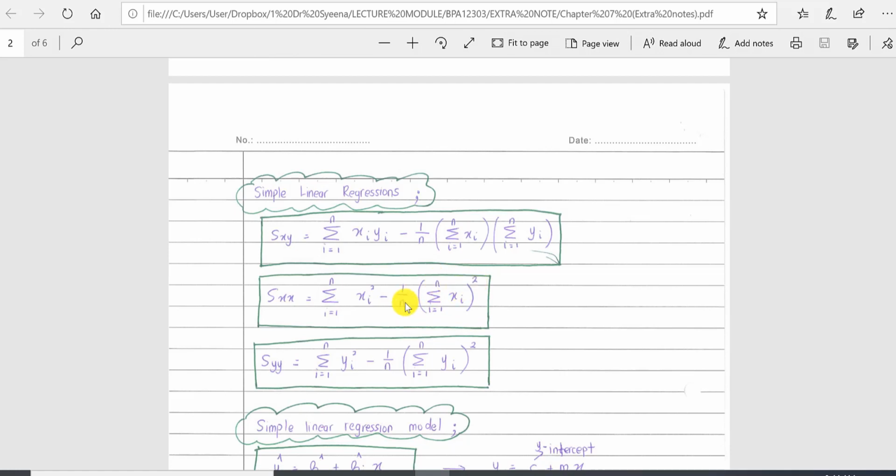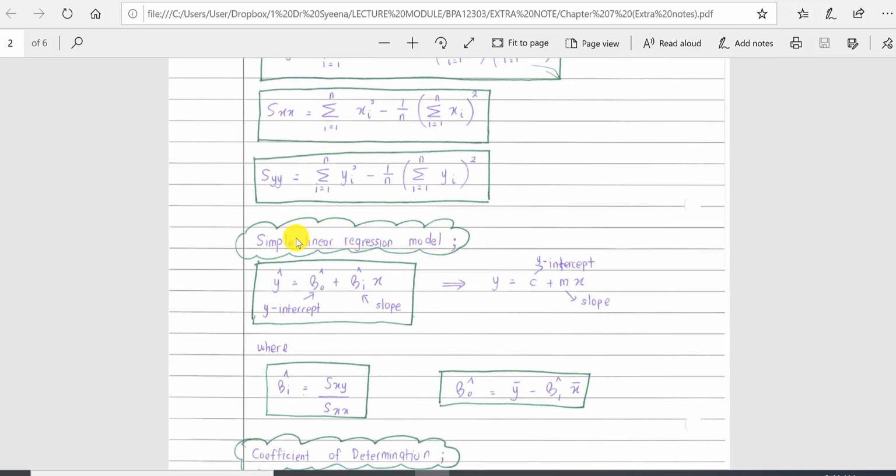Not the summation of x squared. The summation of x, then you have to square the summation of x. Okay, this is how you use the formula. So for the Syy, it is the same as the Sxx. Only you must change the value from x to y.